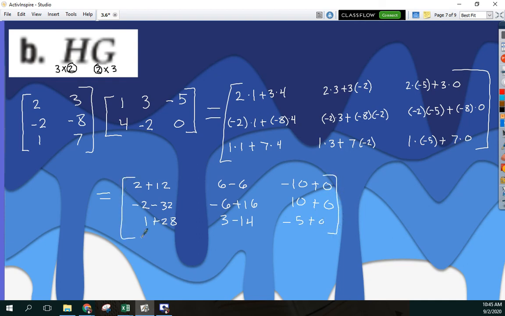So my last step, simplify that one more time. I get 2 plus 12 gives me 14. 6 minus 6 gives me 0, negative 10. Negative 2 minus 32 gives me a negative 34.